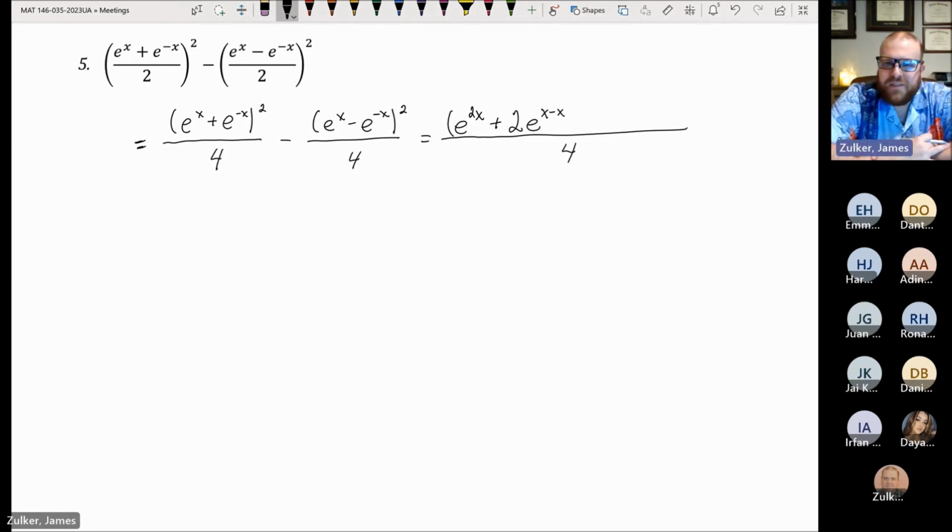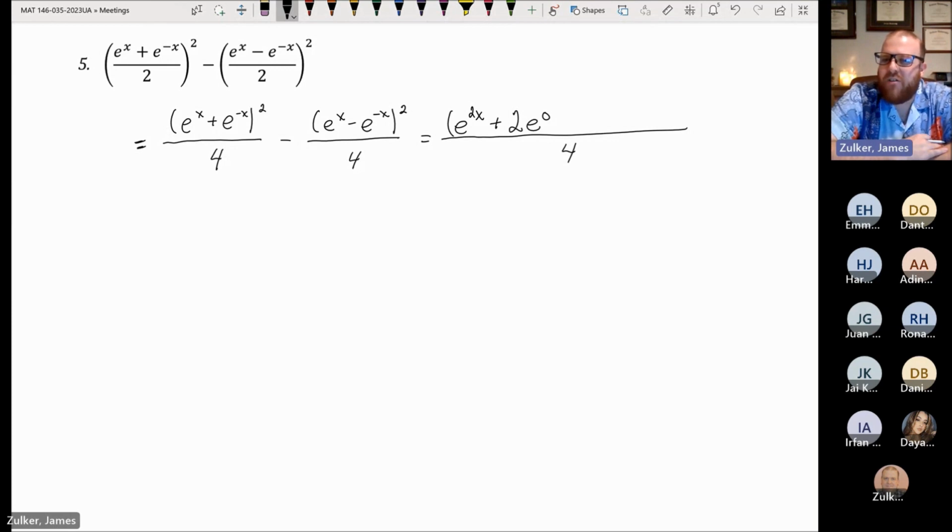All right. The product would be e to the x minus x, right? Multiply same base, you just add the exponents. Remember that? But that would be e to the 0.